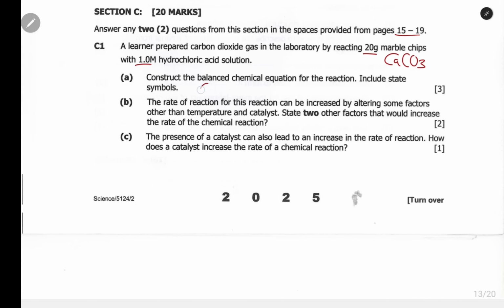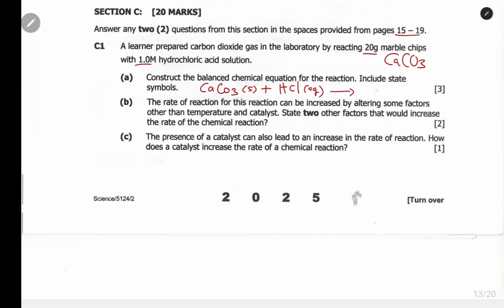So, how is it going to be? Calcium carbonate, solid, reacting with hydrochloric acid, HCl, which is aqueous.